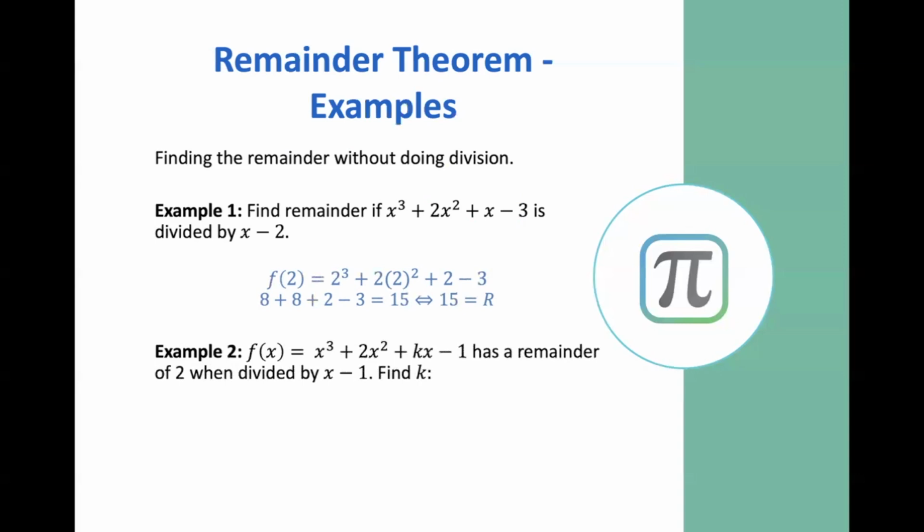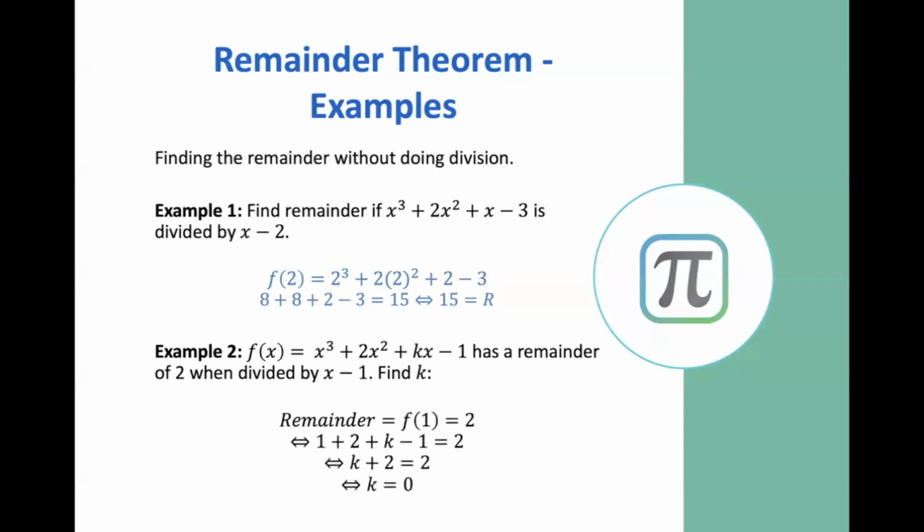And finally, slightly more tricky, f of x equals x cubed plus 2x squared plus kx minus 1 has remainder of 2 when divided by x minus 1, so find k. So this time we've got a coefficient in the equation that we're trying to solve, but we have been told what the remainder is.